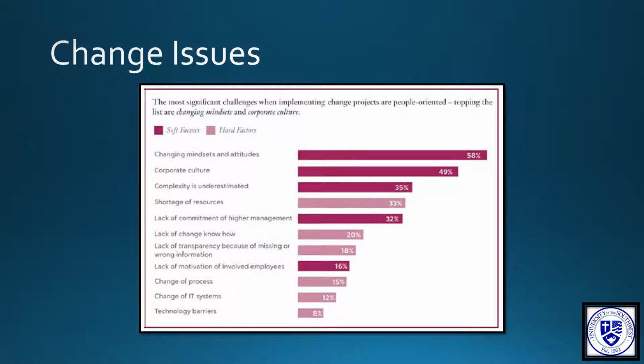So the most significant challenges when we're faced with being innovative and change-oriented are going to come from our people. They're going to come from our culture and the mindsets and attitudes that we've always done things a certain way, and why are we doing this differently?